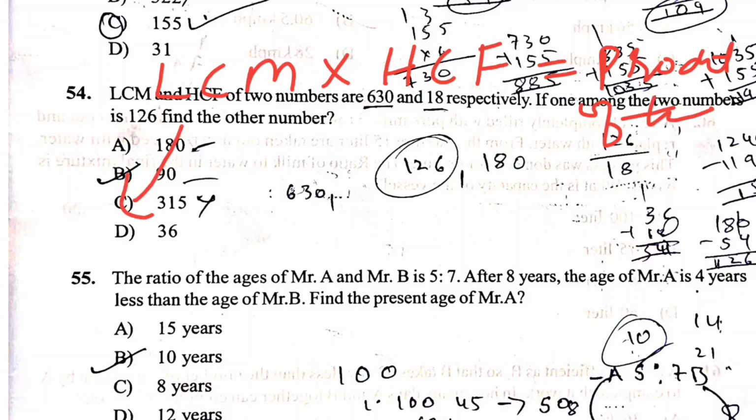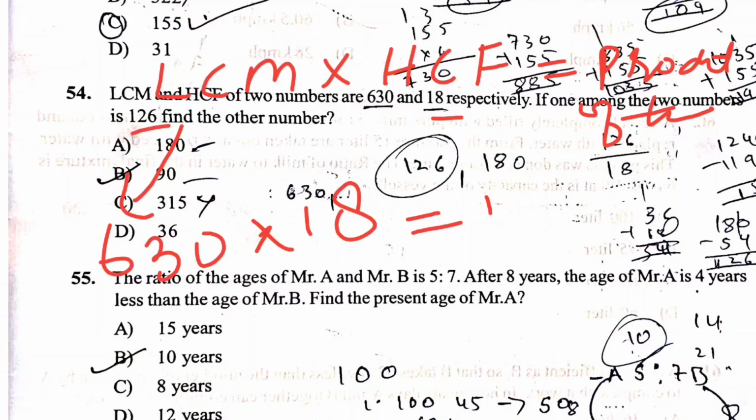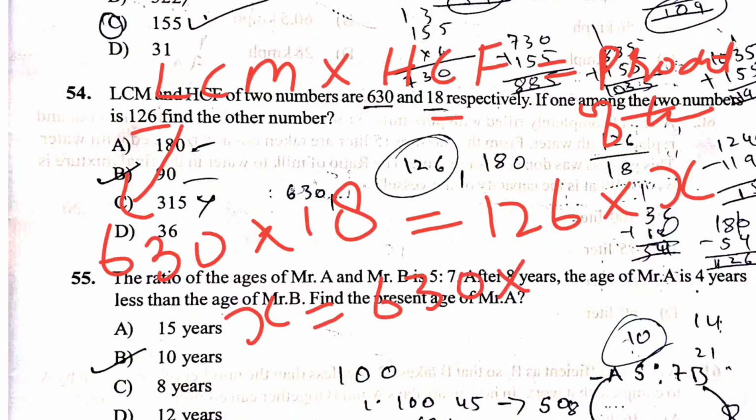Here LCM is 630, HCF is 18 and one number is 126 times, let us say, another number x. So x will be equal to 630 into 18 divided by 126. So 126 and 18 are both divisible by 9, because the sums of the digits of 126 and 18 are multiples of 9.